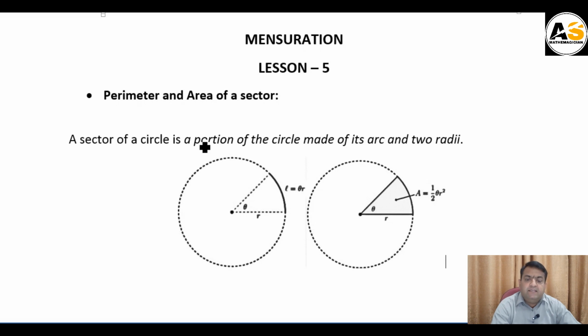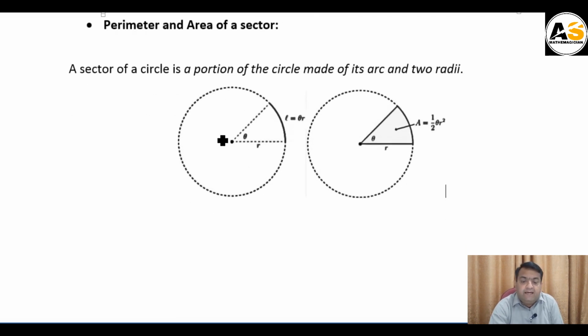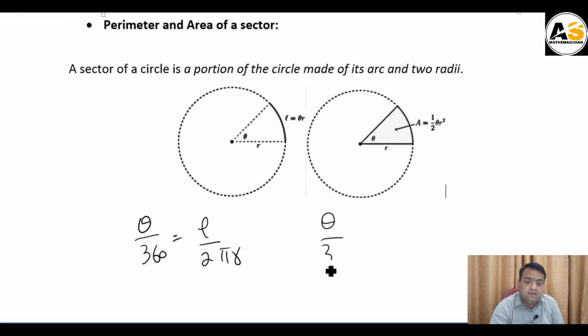So it is easily understandable that the ratio of the central angle theta to the total angle at the center of the circle is the same as the ratio of arc length to the total circumference of the circle, L over 2 pi r. Similarly, the ratio of the central angle to the total angle of the circle is the same as the area of this sector to the area of the circle, which is pi r square.